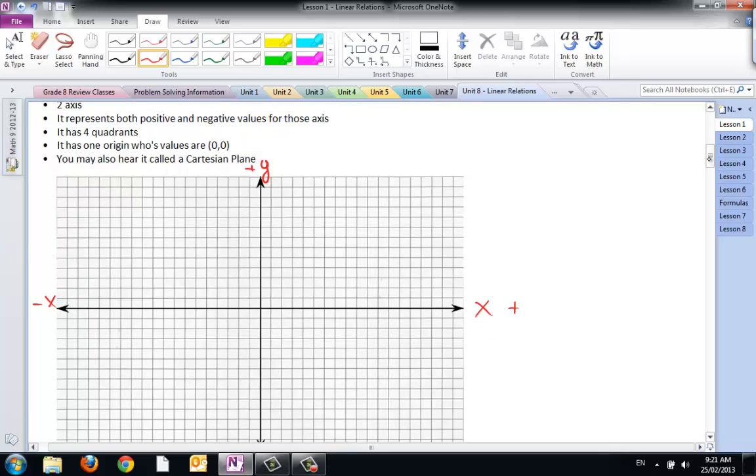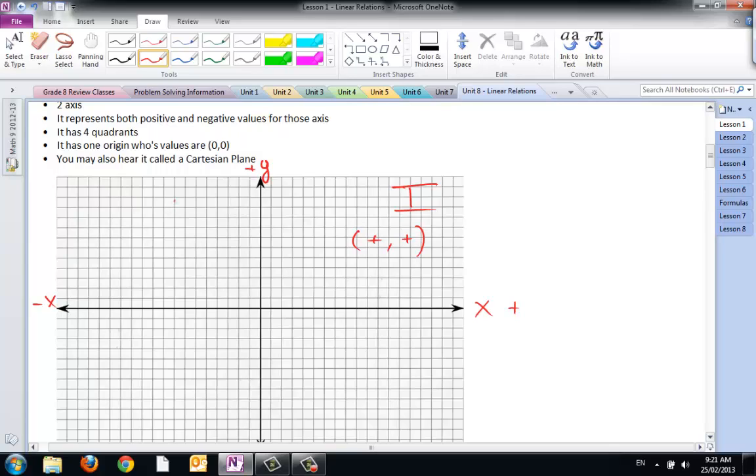There are 4 quadrants that we are using. This guy up here in the top right is quadrant 1, and basically what that means is that it represents the positive x and the positive y values of the graph.